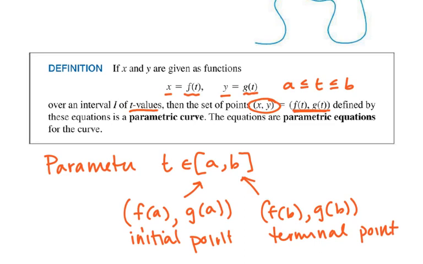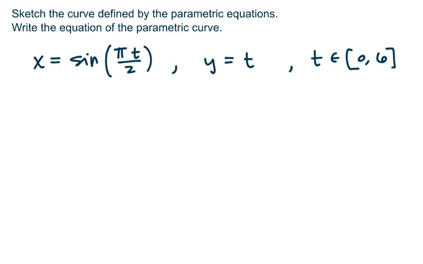So let's do an example. We're going to sketch the curve defined by these two parametric equations, also considering the parameter, and then we're going to write the equation of the parametric curve. And before we do that, I think it's easier for us to think about what this graph is, what we are looking at here. So let's actually make a table.